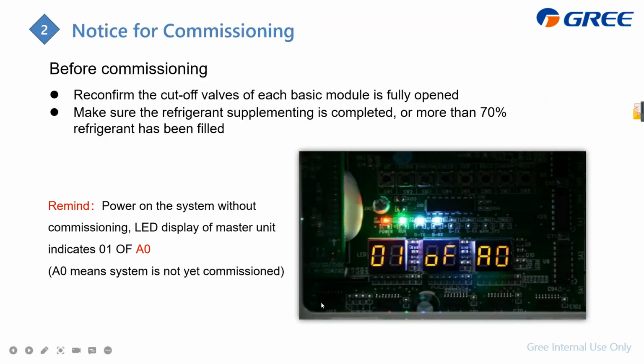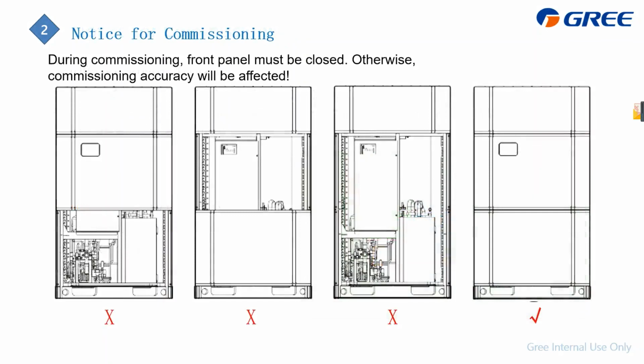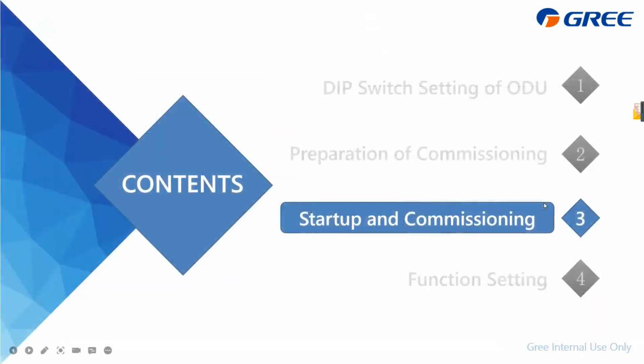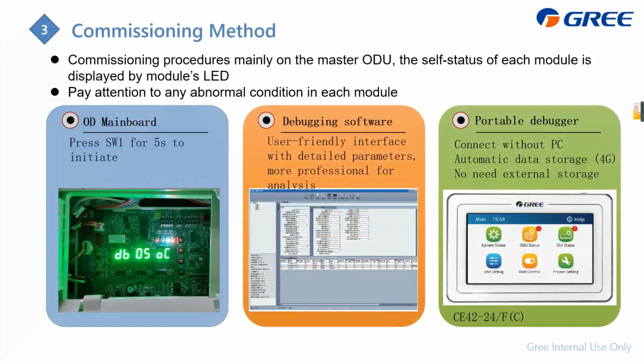A0 means the system is not yet commissioned. And when we do the commissioning, the panels must be closed because otherwise it may affect the pressure of the whole system. So the panels should be closed. Okay, then we do the commissioning.